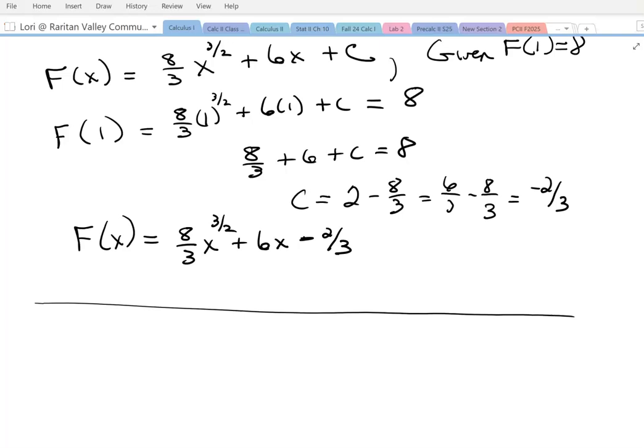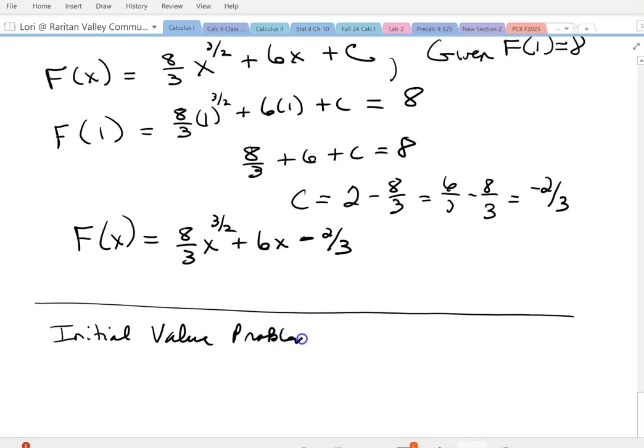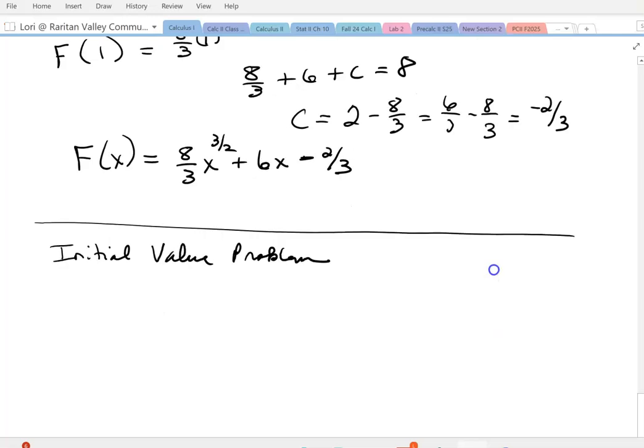And then a very similar problem to that one is what we call an initial value problem. And this is a very, very brief introduction to differential equations, but it kind of works the same way.